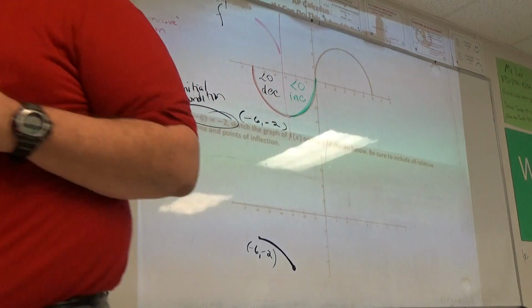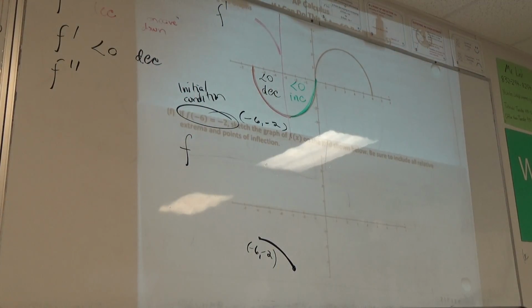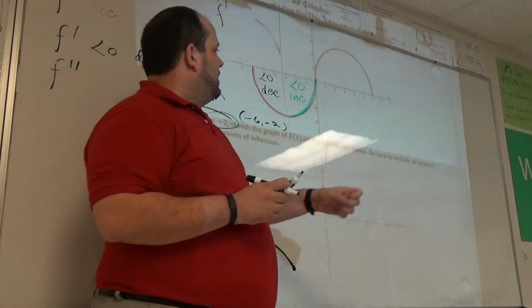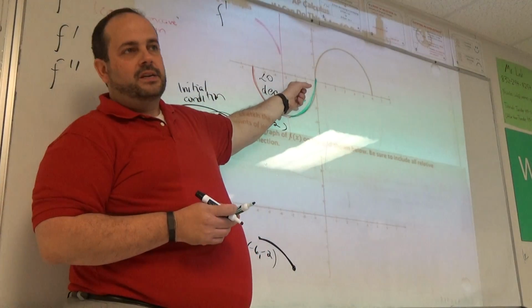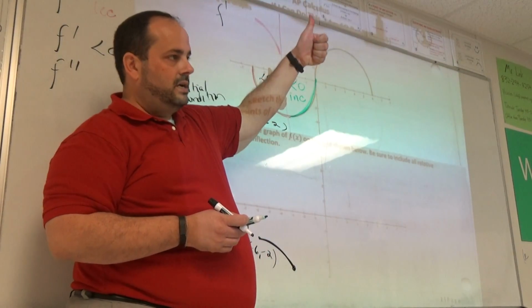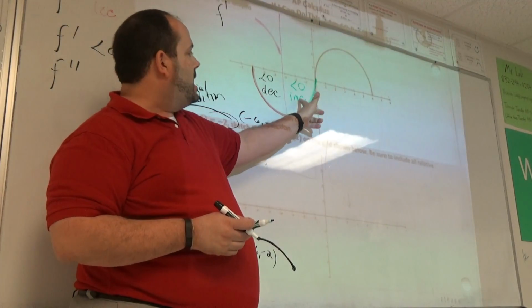All right. I heard from most of the groups, it sounds like we know f prime is negative and increasing. Both things are happening. So the graph of little f has to be, if f prime is negative, then little f is decreasing and concave up.